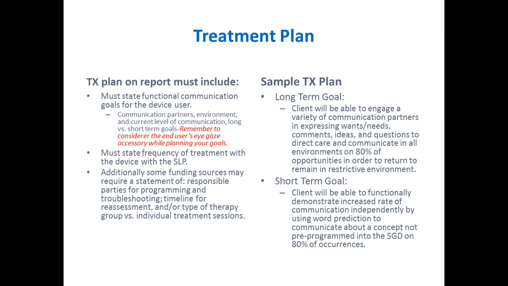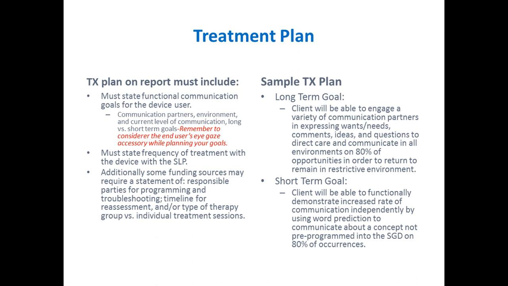So your treatment plan, again, just as a review, needs to state functional communication goals for the device user. You need to consider all their partners, all their environments, their short and long-term goals, for them to be the most independent user that they can be, and their current level of communication is also included in that.